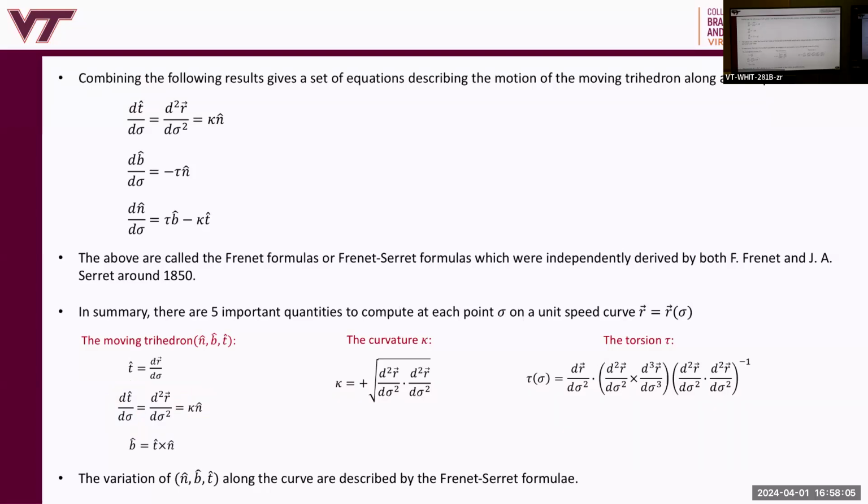And then we find the third vector by taking the cross product of the previous two. All right? And then the curvature is found with this that we derived, and the torsion is found in this way, right? And the variation of n, b, t along the curve is described by these differential equations, which describe the variation of the 3 unit vectors, the moving trihedron, along the curve. Yeah?